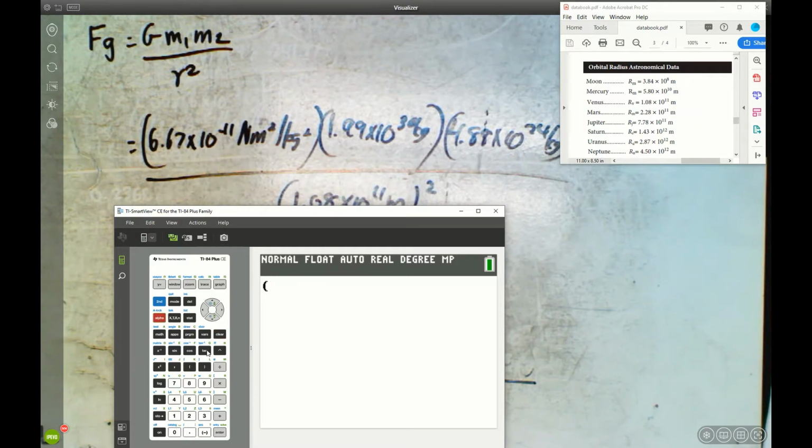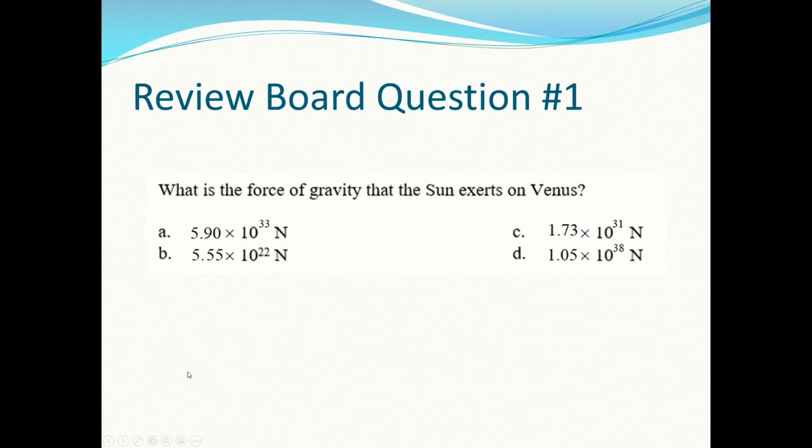So I'll go alpha G times 1.99 times 10 to the 30 times 4.88 times 10 to the 24 divided by 1.08 times 10 to the 11, and I square it, and I get 5.55 times 10 to the 22, which is B as the correct answer.